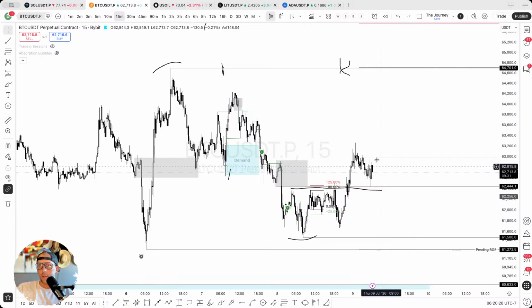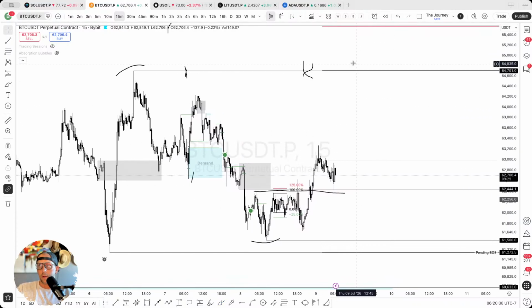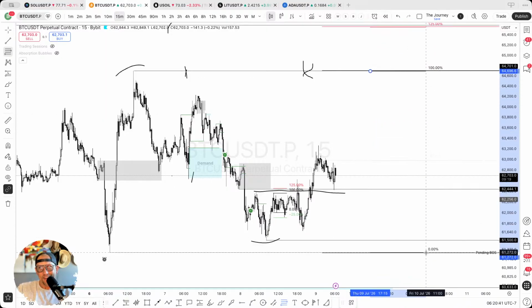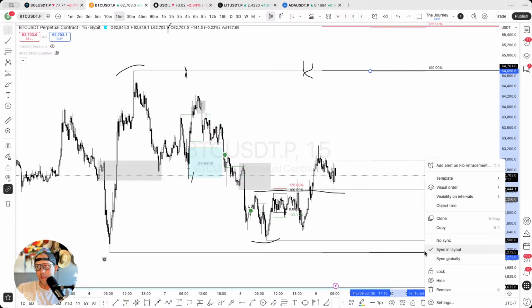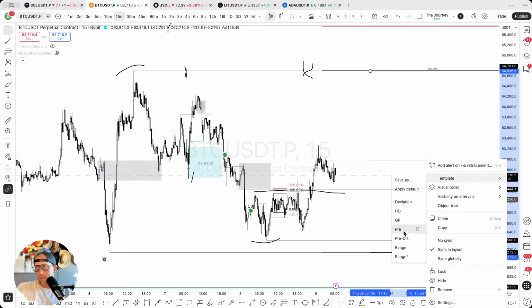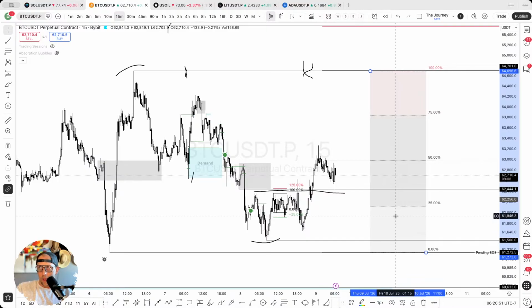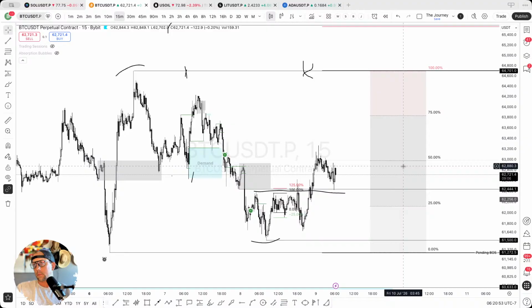Furthermore, as far as this range of price goes, from here to here, we're discount-ish, right? I actually drew it correctly.